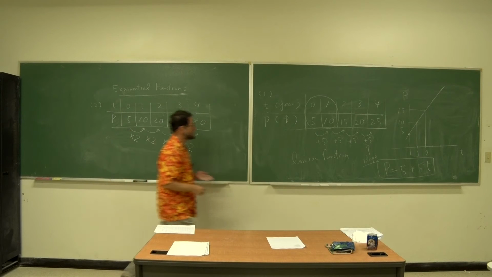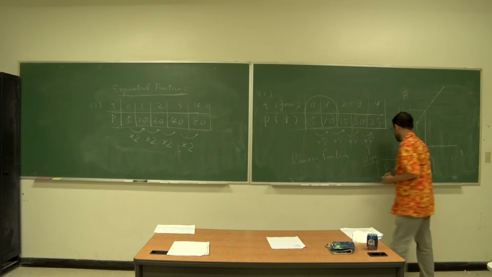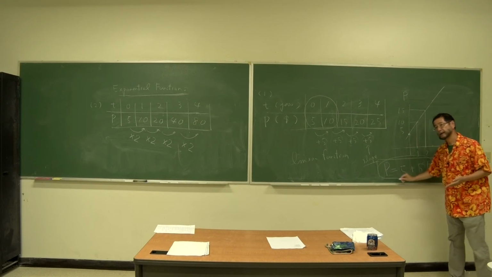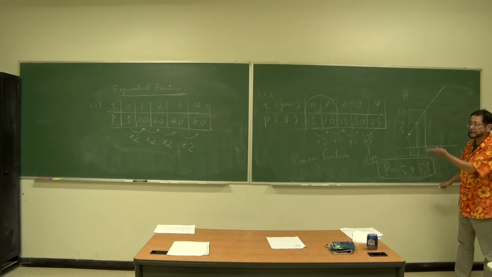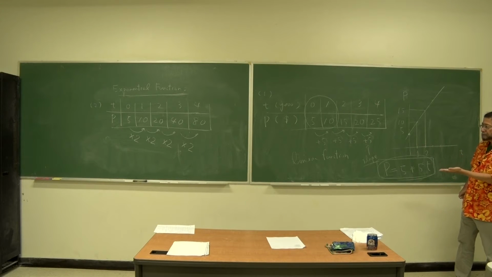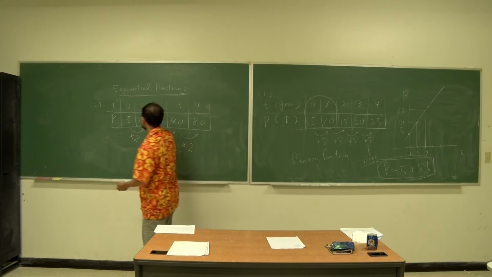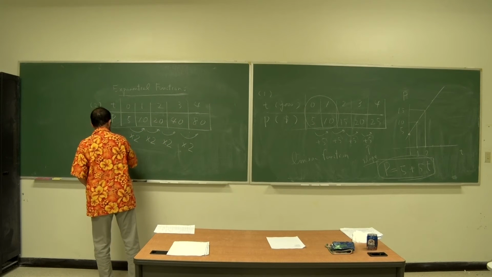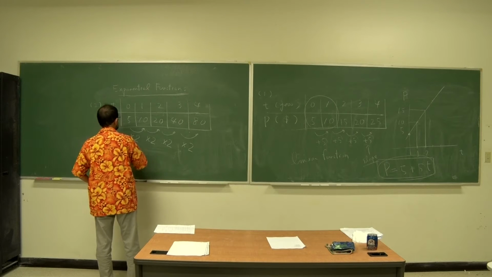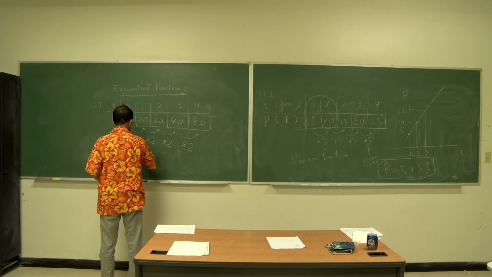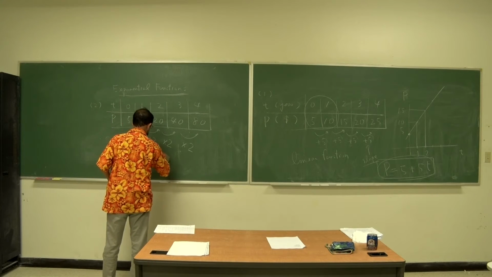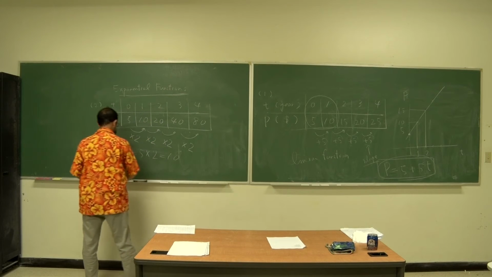So the linear function has this formula. Now what is the new formula this time? For example, let's look at P1. So t equals 1. You get 10 by 5 times 2.